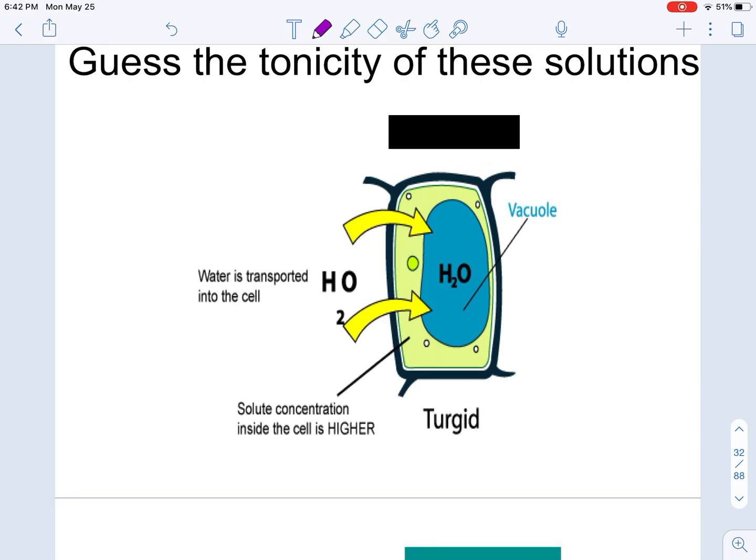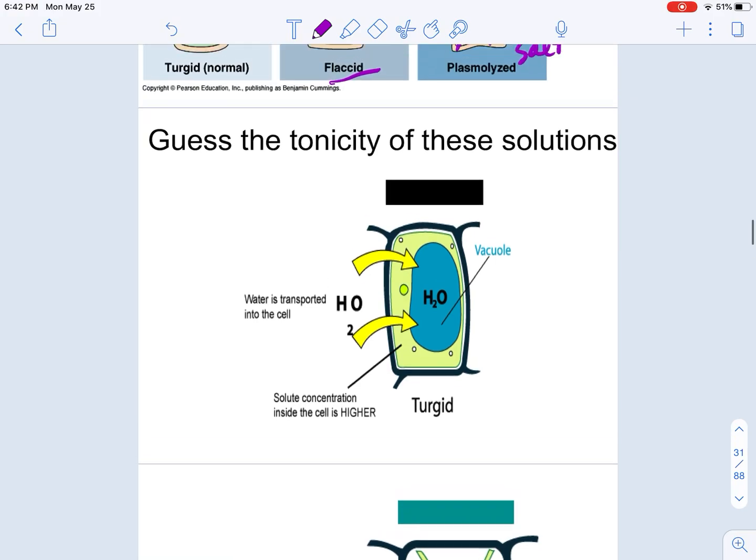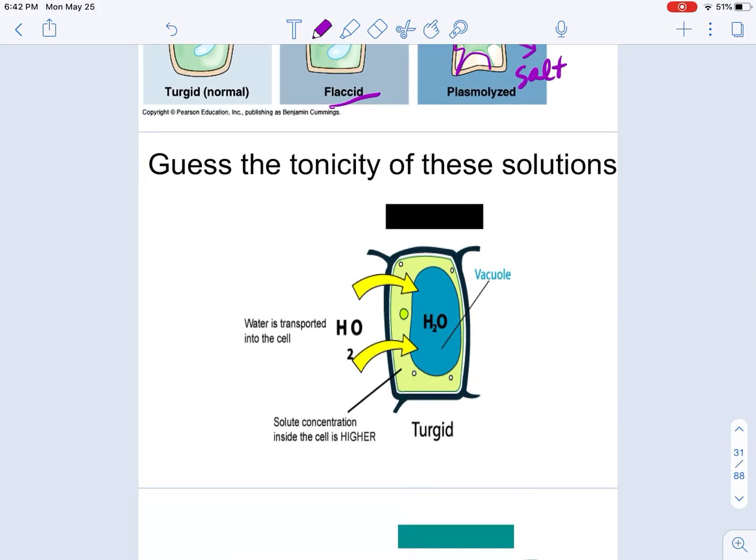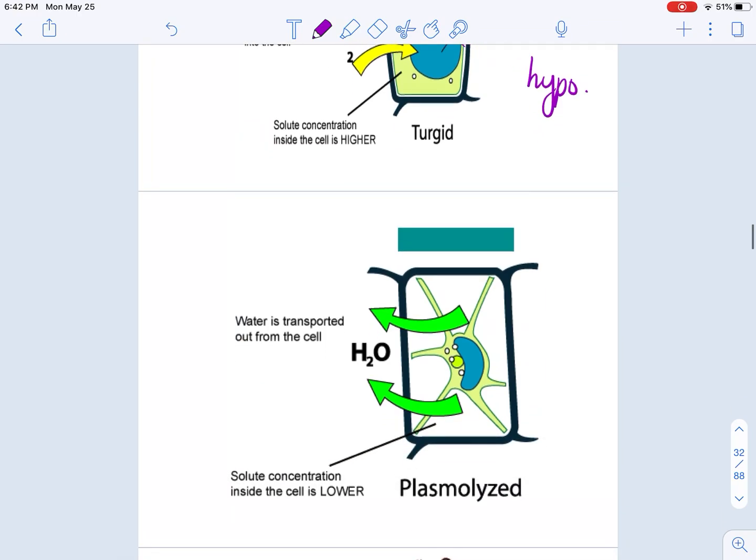Okay, so this one says that the water is being transported into the cell, which means that this must have been a hypotonic solution that it's in. That's my guess. Water is going to go in and try to dilute the cell.